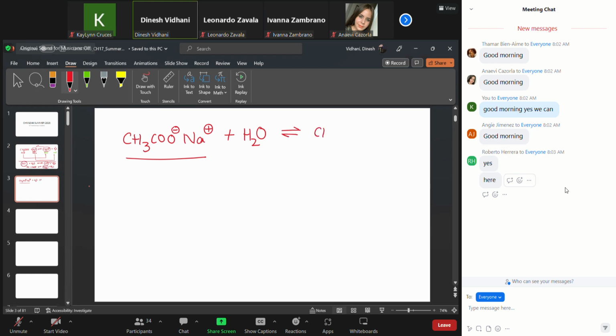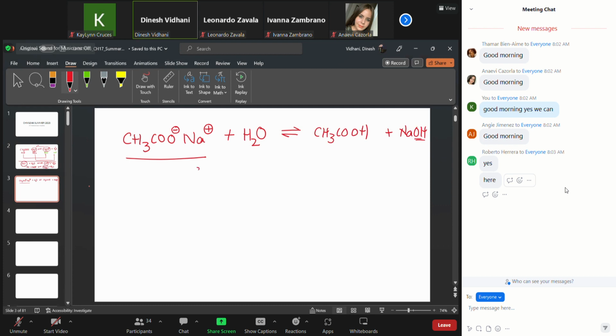And I can have acetic acid plus NaOH. See, this time I am generating hydroxide ion. So by putting acetate ions in water, you are generating hydroxide ion.